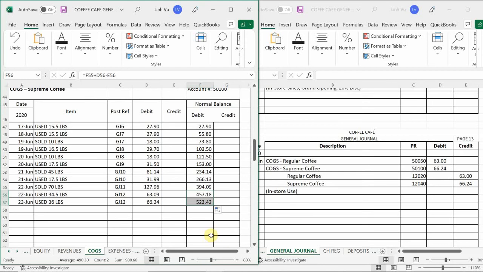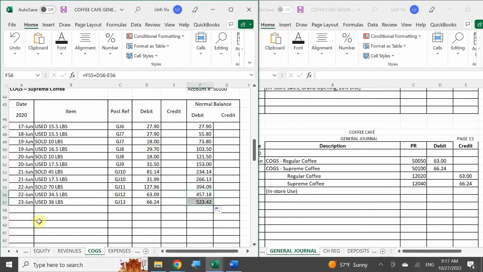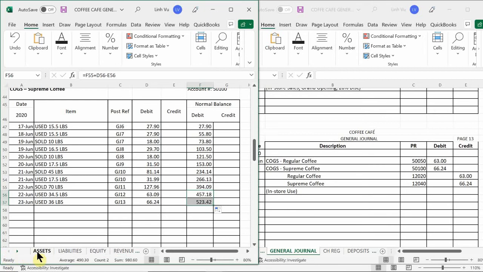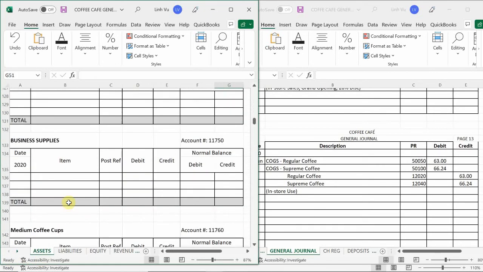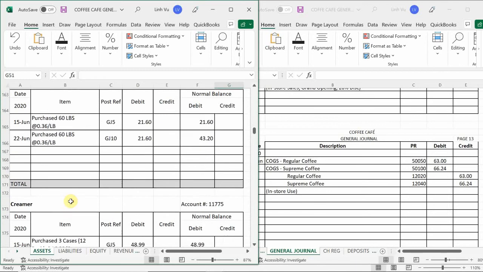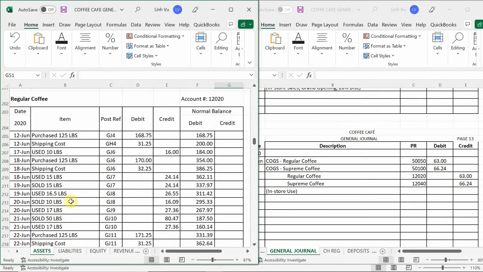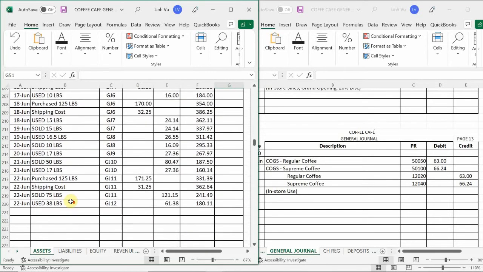Good. Okay. And then, of course, last but not least, we need to update my inventory account to reflect the values in my inventory worksheet. Okay, so here's my regular coffee.